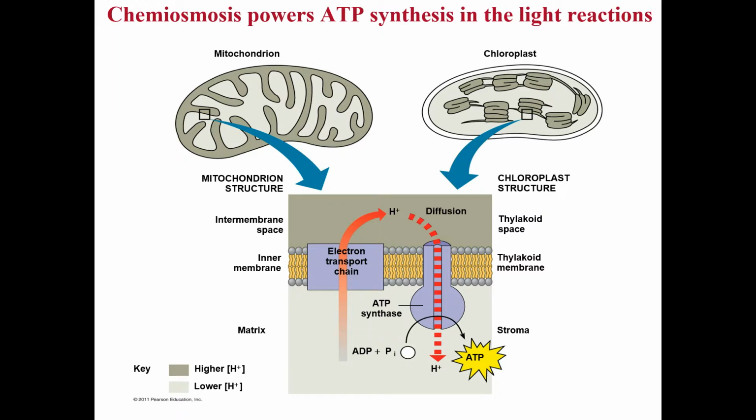Alright, so one thing you should be able to do is compare the synthesis of ATP in oxidative phosphorylation to the synthesis of ATP through photophosphorylation. So, talking about the mitochondria, we're talking about oxidative phosphorylation.